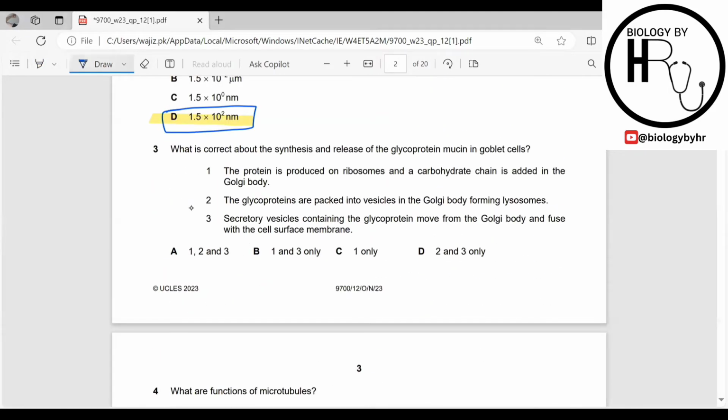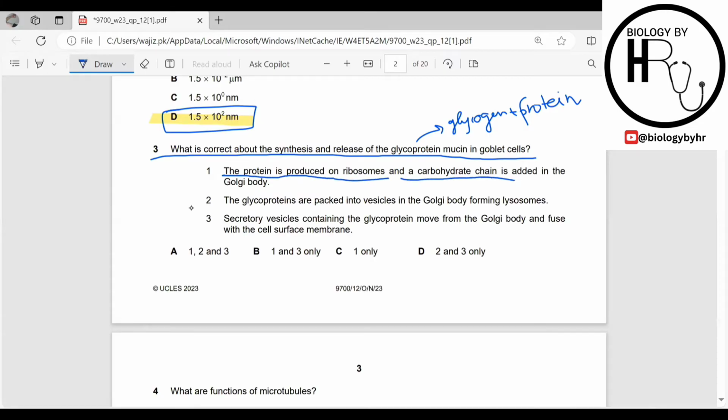Question number 3 is stating: what is correct about the synthesis and release of the glycoprotein mucin in the goblet cell? We all know what a glycoprotein is. Glycoprotein is carbohydrate plus protein, right? Statement 1 is saying that the protein is produced on ribosomes and the carbohydrate chain is added in the Golgi body. Yes, absolutely, the protein is produced in the ribosome.